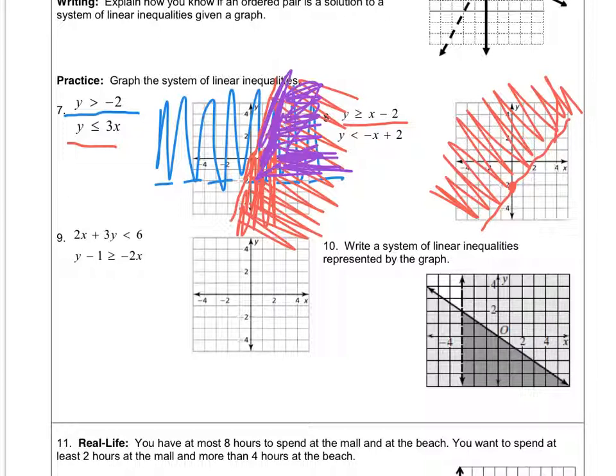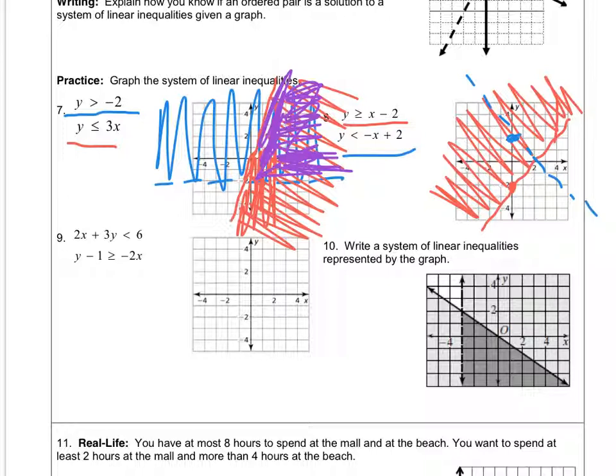Now my second one is y is less than negative x plus 2. So plus 2 means I'm going to start here at the 2. Negative x means I'm going down 1 over 1, and it's going to be a dotted line. So this is my dotted line. It's kind of a sad looking one, but there it is.